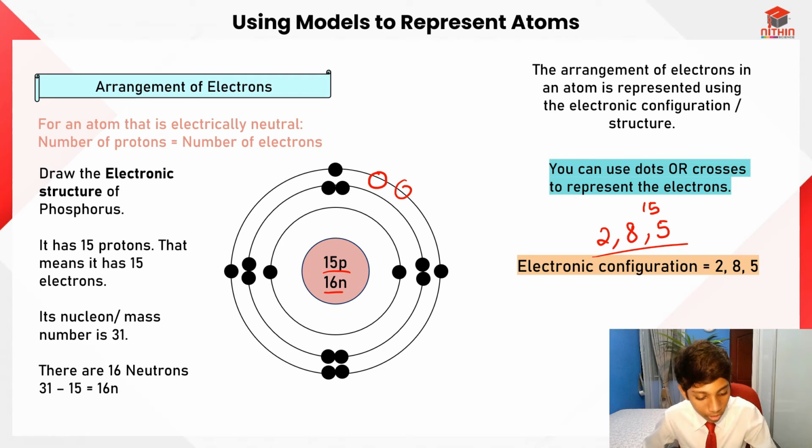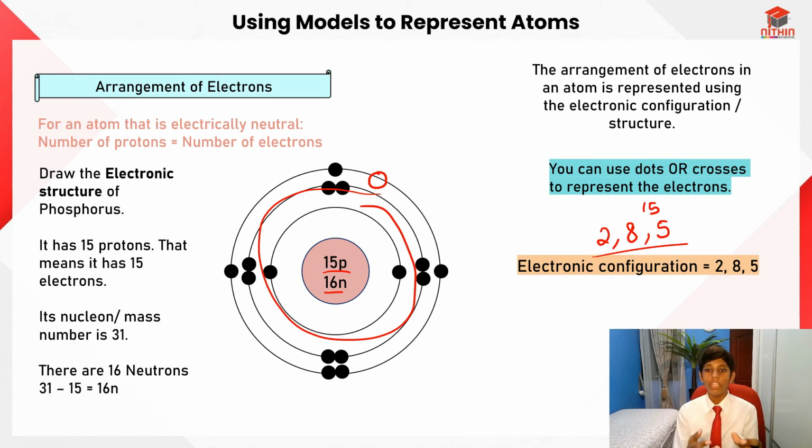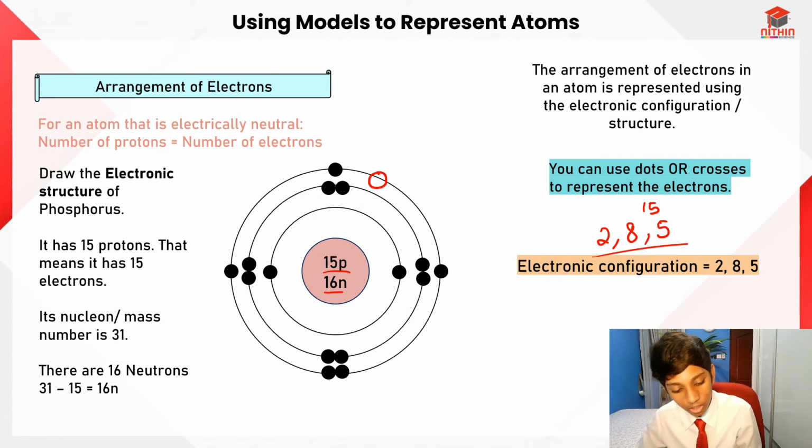But if you're drawing your electrons like this, it's not closed. You can see this gap over here, and the markers will actually penalize you for that. Please do remember to close your electrons. Also, when you're drawing your orbitals, if the circle is not closed, they will actually deduct marks. And please do try to make it remain circular.